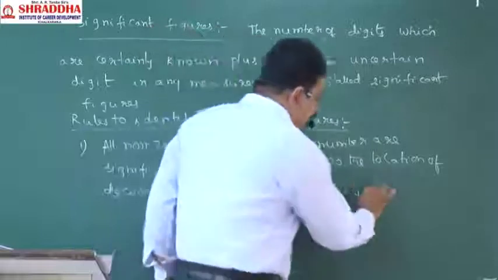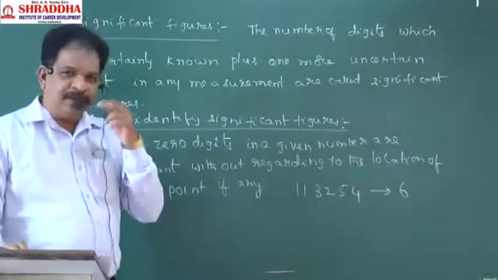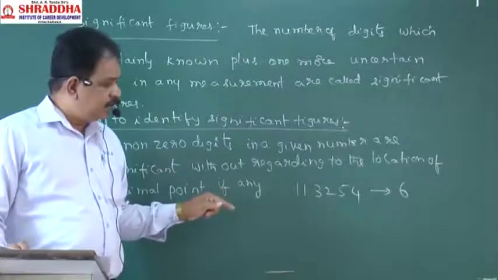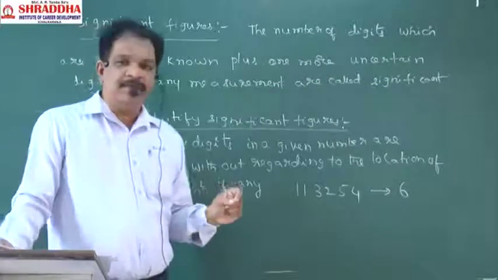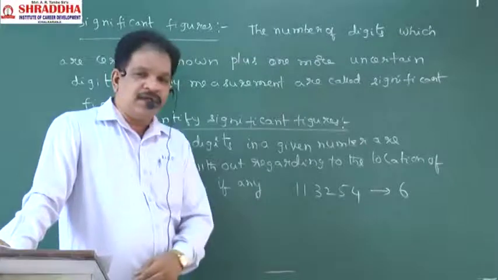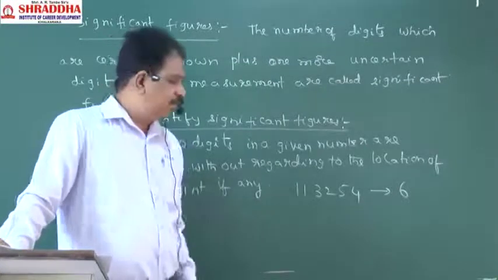So there are 6. Is my point clear? Each non-zero digit will be considered significant. So here totally 6 significant figures will be there.